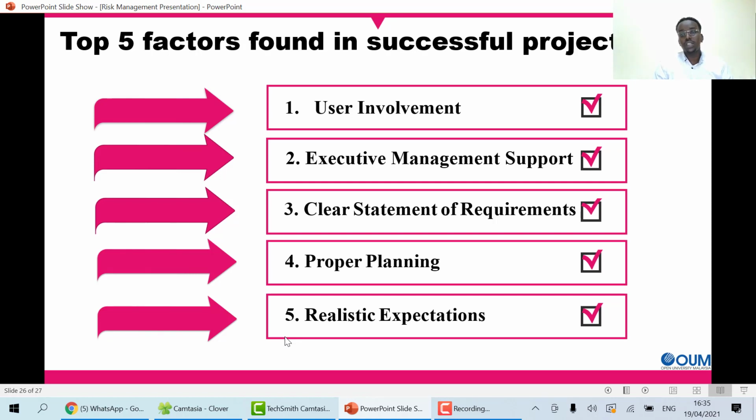The third is a clear statement of the requirements of the project. The fourth is proper planning in order to execute the project effectively and efficiently. And the last one is realistic expectations, what we expect to reach when we execute our project.